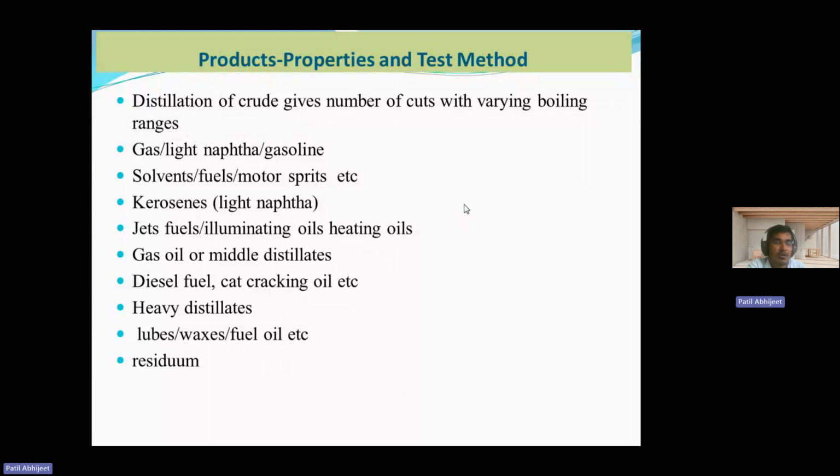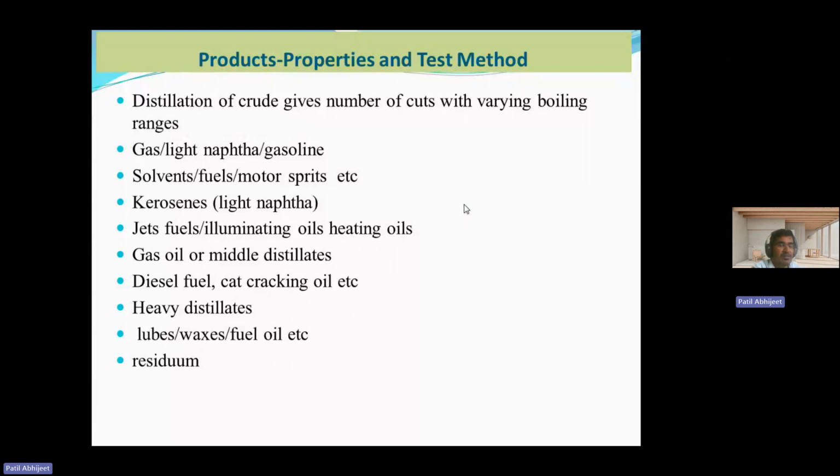Some of the products may consist of lubes, or lube oil. Some are considered as waxes, and everyone knows about wax. Some are used as fuel oils. The majority of them are saturated and unsaturated fatty compounds, and these are converted to ester forms either by the transesterification process or by the esterification process.